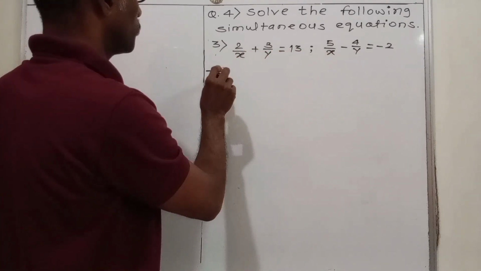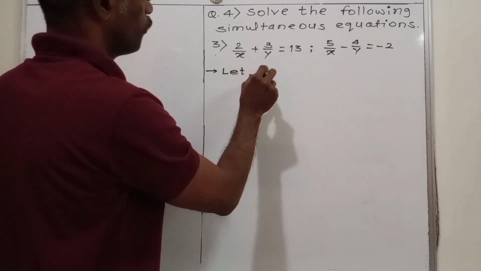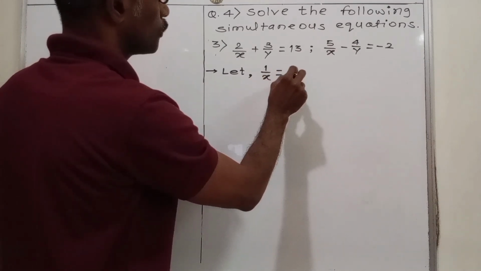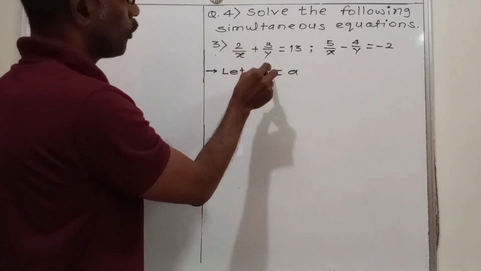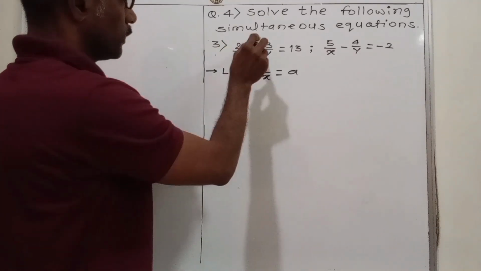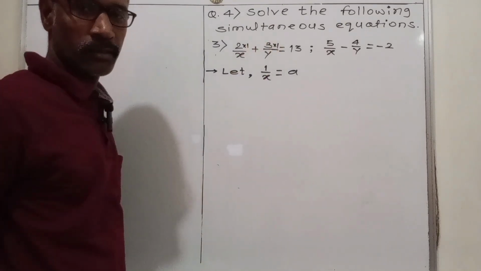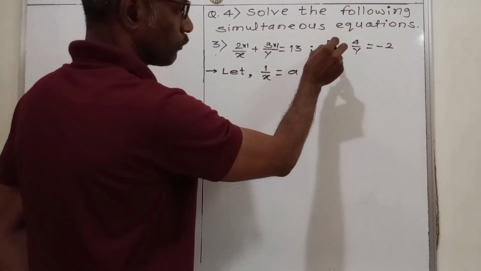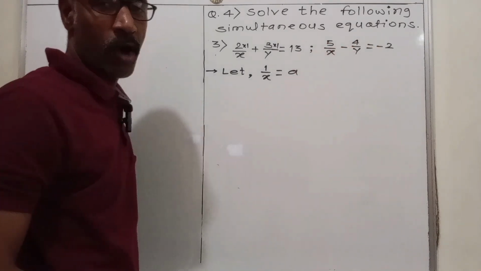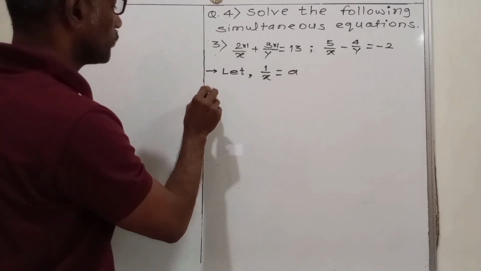So we write here, let 1 upon x is equal to a. 2 into 1 upon x, 3 into 1 upon y. Same way here also, 5 into 1 upon x minus 4 into 1 upon y. Did you get it?